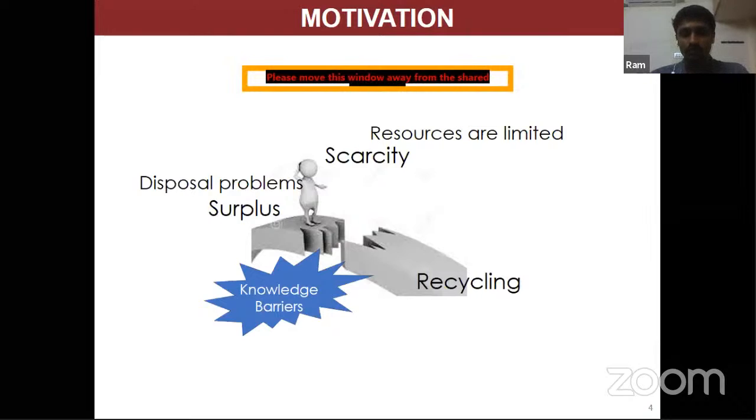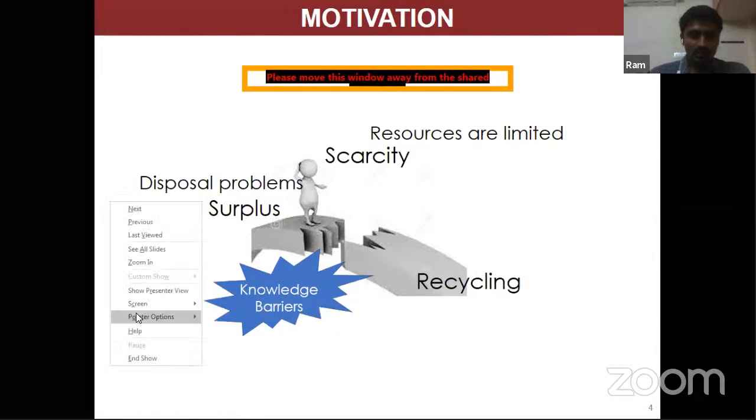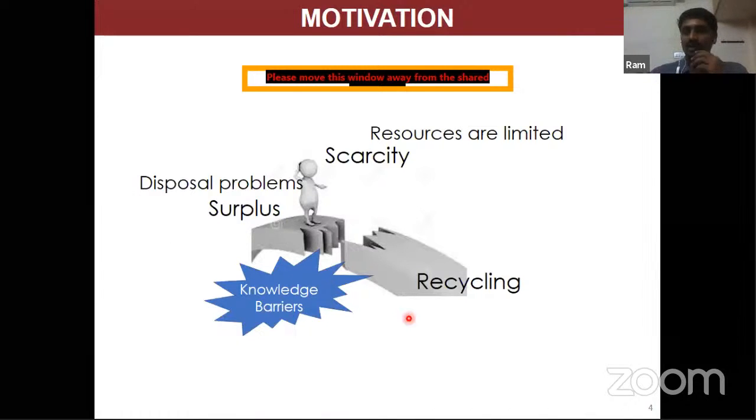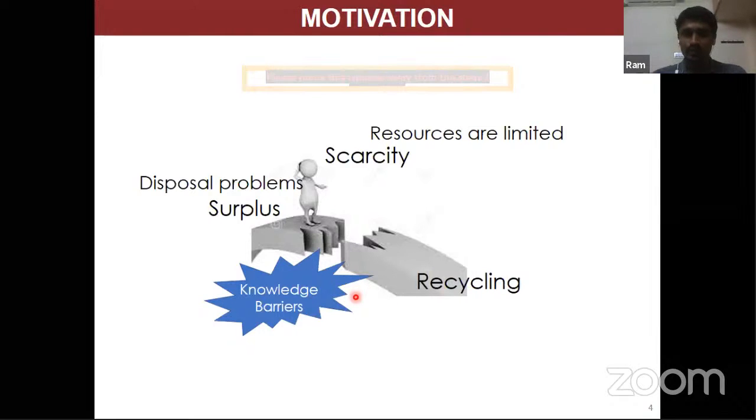So these are the twin problems of society. Recycling can be seen as a potential solution that can solve both of these twin problems, right? However, there are a lot of knowledge barriers that impede the smooth transition towards a recycling society.